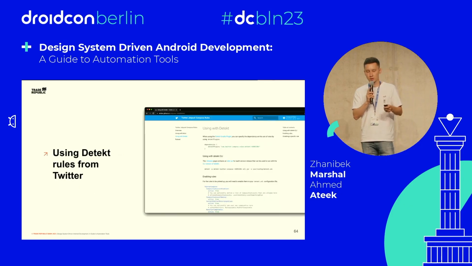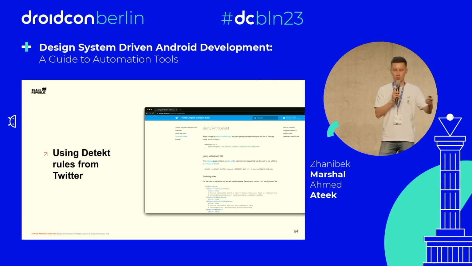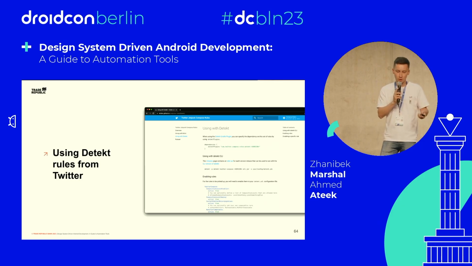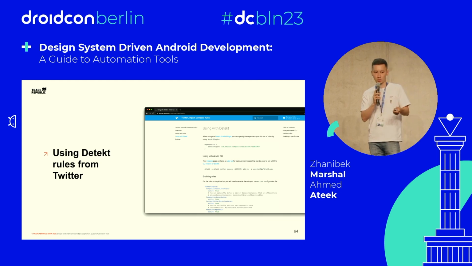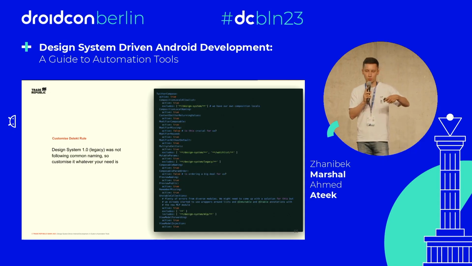And the nice thing is that Twitter have open sourced their convention for the Jetpack Compose rules, and they got the adapter for Detekt. And we have been using this to analyze the code for the design system, and it does work great.